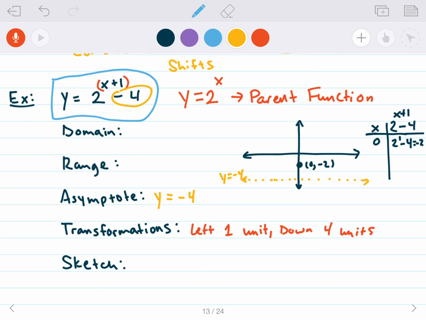And maybe we can do one more point. How about we do x equals 1? When x equals 1, we have 2 squared minus 4, which is just 0. So that is going to be our x-intercept here.